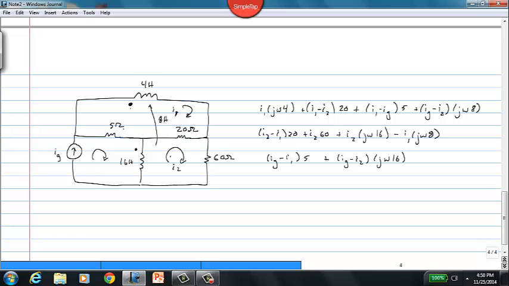Again, the reference current causing that is I1. I1 enters the positive terminal here, therefore it induces a voltage that's positive at the dotted terminal down here, so the mutual inductance is going to be in that direction. It's the same direction as the voltage drop across the element, so it's plus I1 times j omega 8.